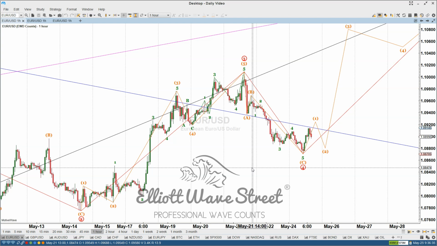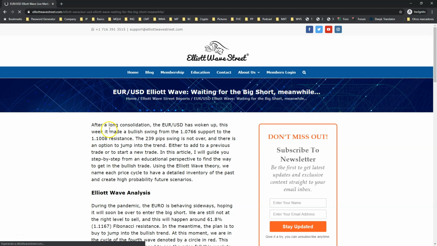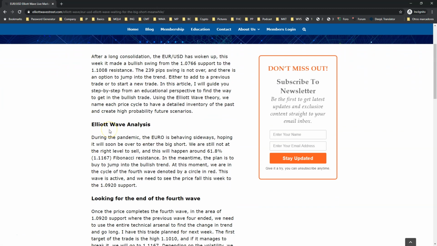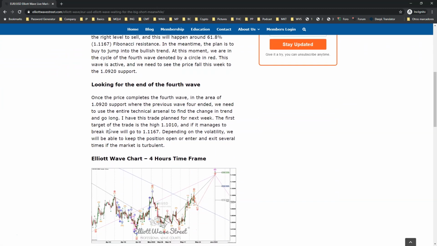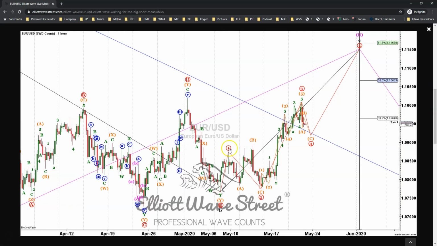All right, traders, let's start with the euro. Let me show you something pretty interesting that I posted last week on Elliott Wave Street, an article about the euro that you can go and read. It's there on the homepage, and here was the forecast to have the wave 4. The wave 4 usually goes back to the previous wave 4 area.